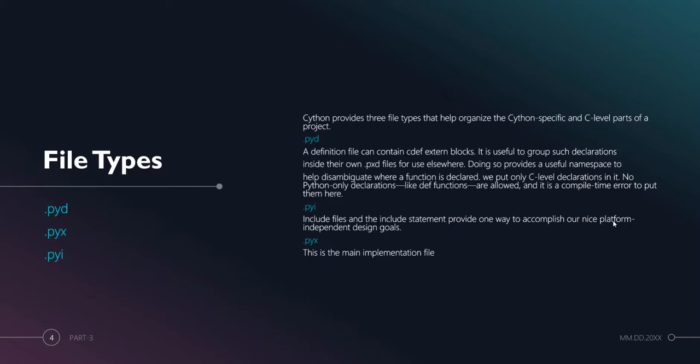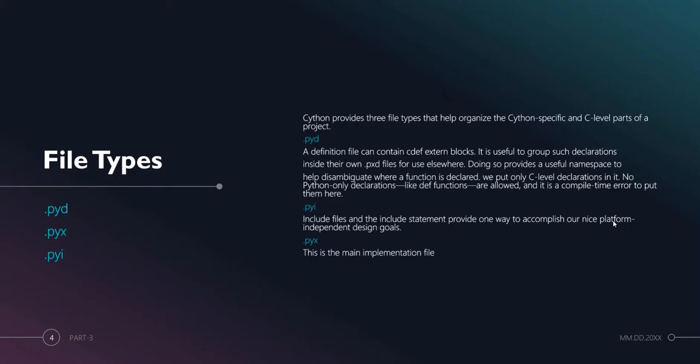Doing so provides a useful namespace to help disambiguate where a function is declared. We only put C-level declarations in these files, and no Python-only declarations like def functions are allowed. It is a compile time error to put def functions there. These .pxd files are later used by the import functions.